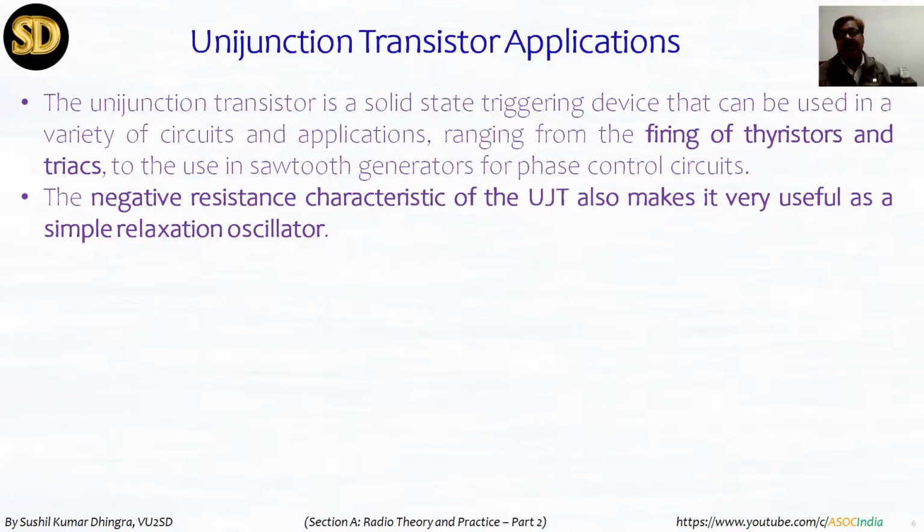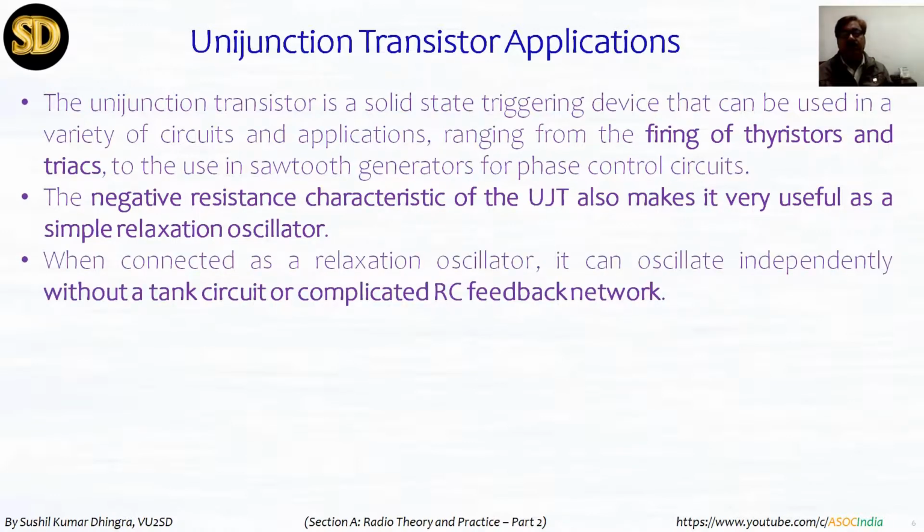As it has a negative resistance characteristic, this makes the UJT very useful, so that we can use it as feedback to the circuit, and because of feedback and negative resistance, we can use it as a simple relaxation oscillator. This relaxation oscillator works without any kind of inductance, or I can say tank circuit or LC circuit. So this is based purely on an RC feedback network. Keep this line in your mind.